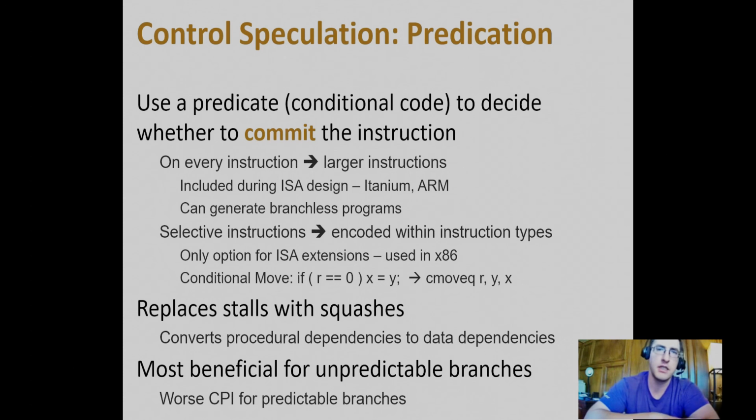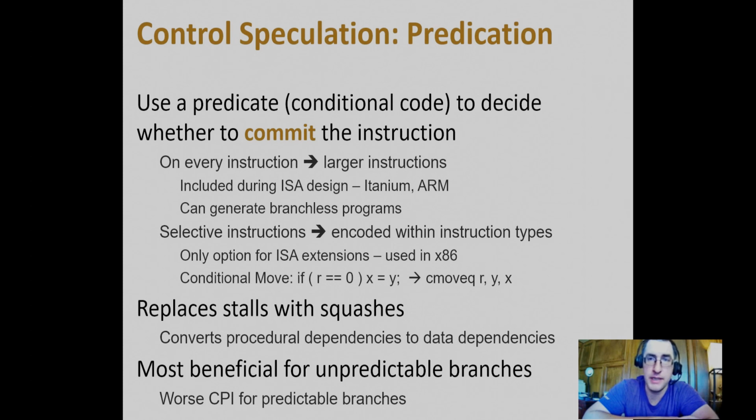The x86 instruction set has some limited conditional instructions. Now that's cmove if equal. Fully predicated machines were kind of explored, especially in the design of the EPIC Itanium instruction set. So now you always squash, but you never have to stall.